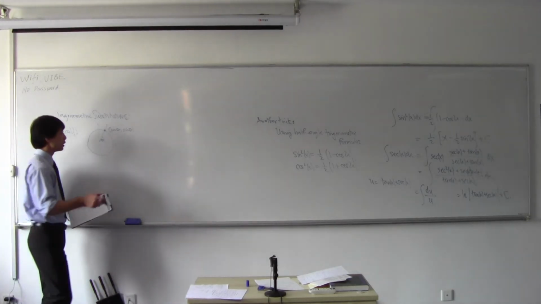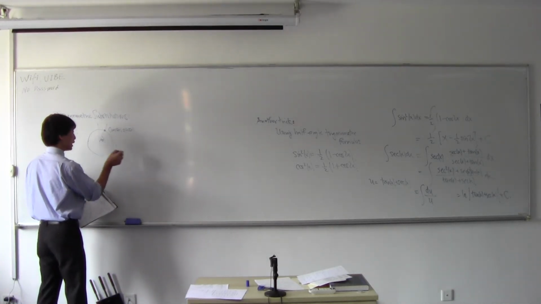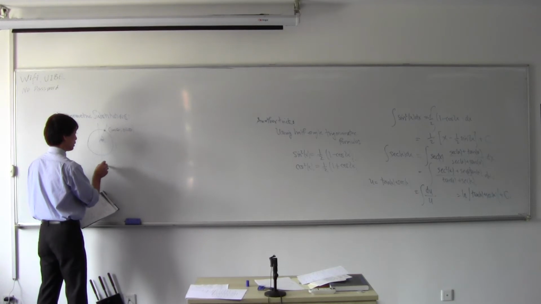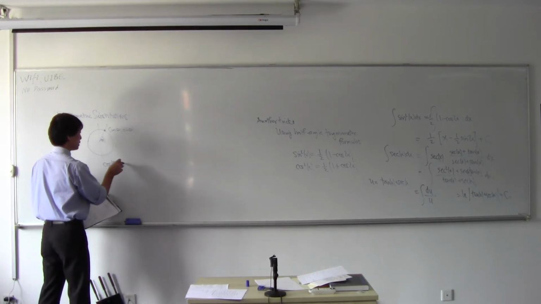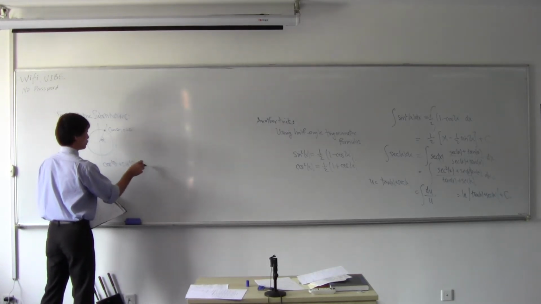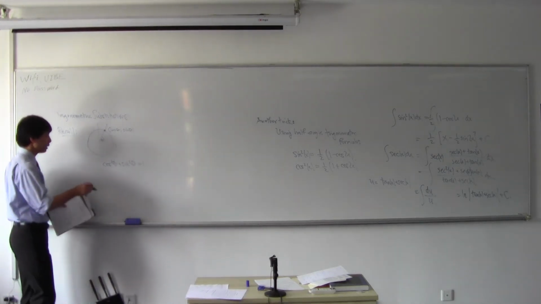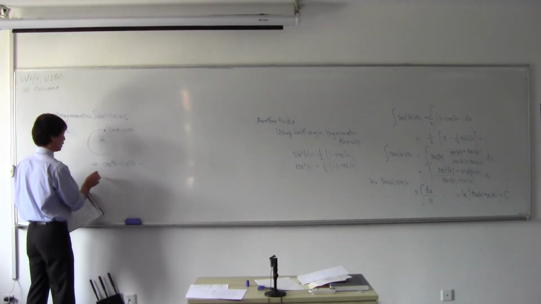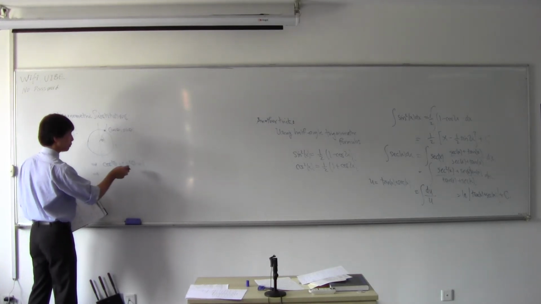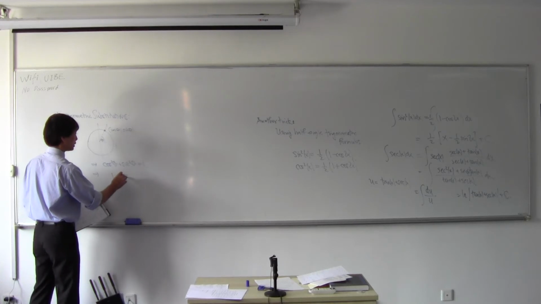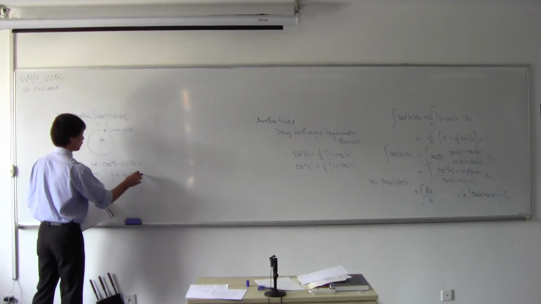Of course, because they're on the unit circle, you know that cosine squared plus sine squared equals 1. And you also know, dividing both sides by cosine squared, that 1 plus tangent squared equals secant squared.